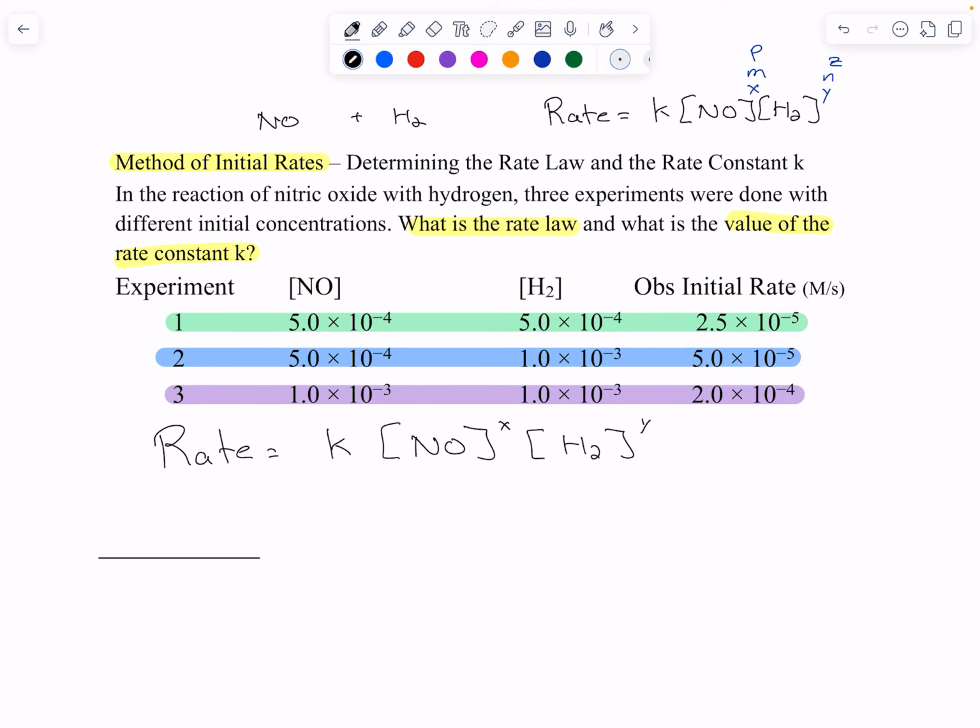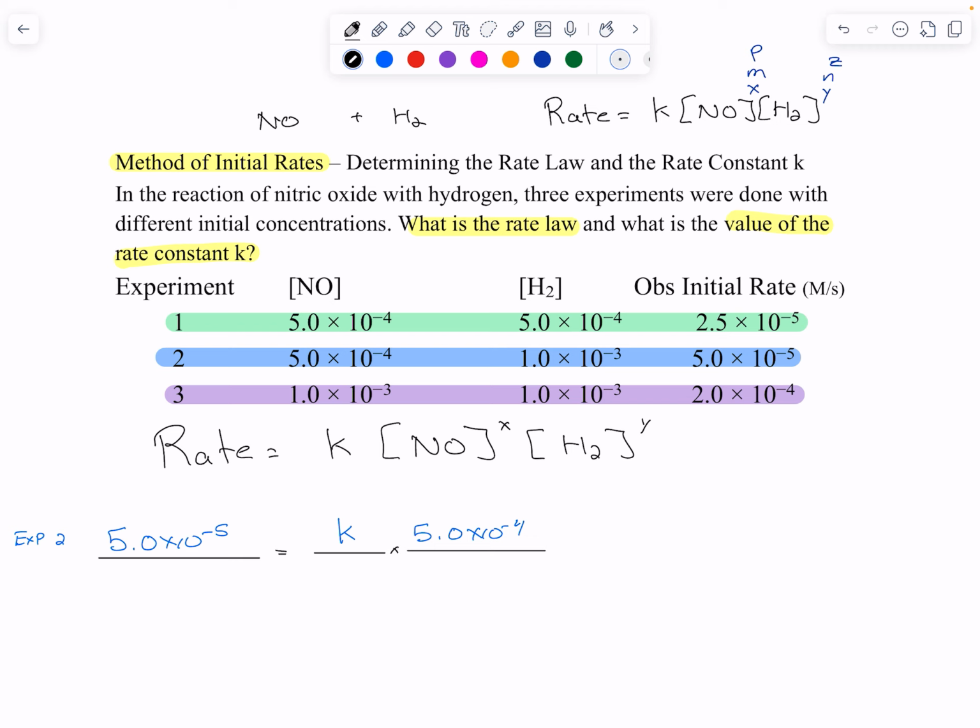All right. And so let's look at this. Experiment, I'll do 2 first. So we'll do experiment 2. We'll just put that in. The rate is 5 times 10 to the negative fifth. And that's going to equal K, whatever K is, rate constant K, times concentration of NO, which happens to be 5.0 times 10 to the negative fourth.